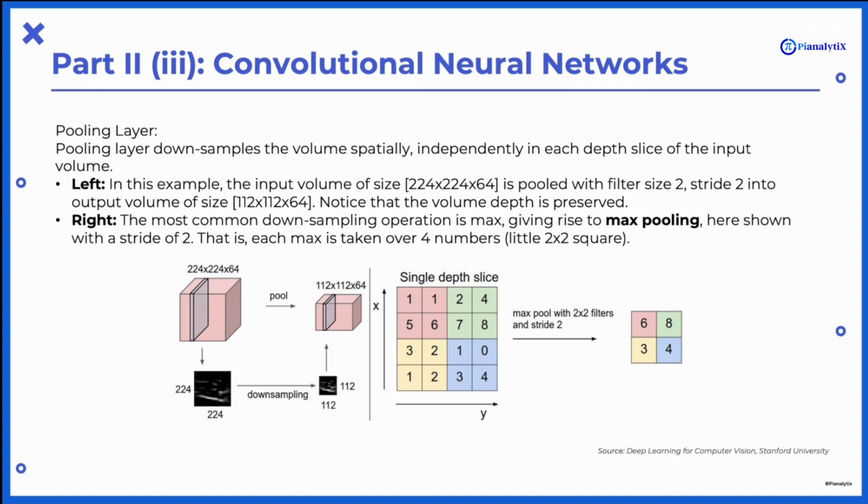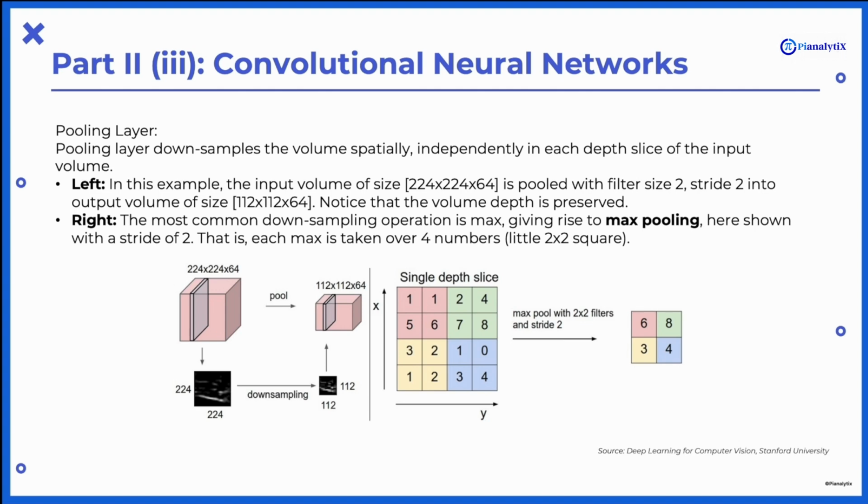Here we can see how the pooling layer works. The pooling layer downsamples the volume spatially, independently in each depth slice of the input volume. On the left-hand side, we can see that the volume is of size 224 cross 224 cross 64, and when we perform pooling downsampling, the volume is reduced to 112 cross 112 cross 64.